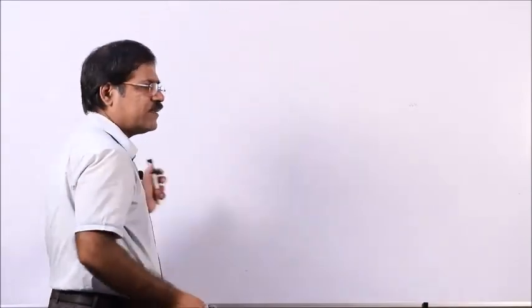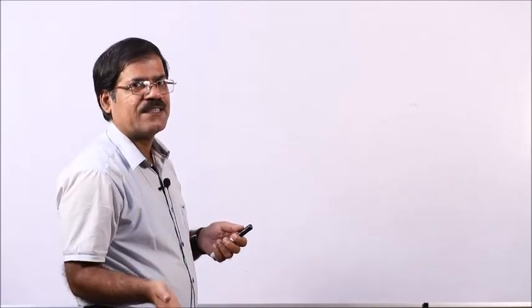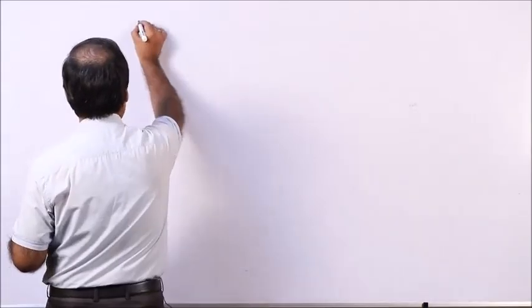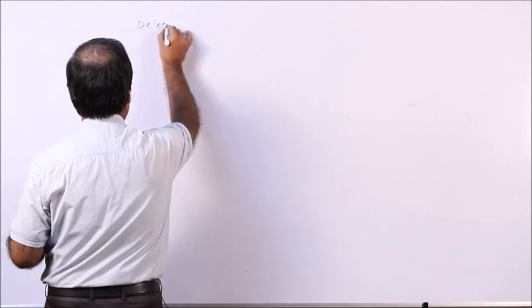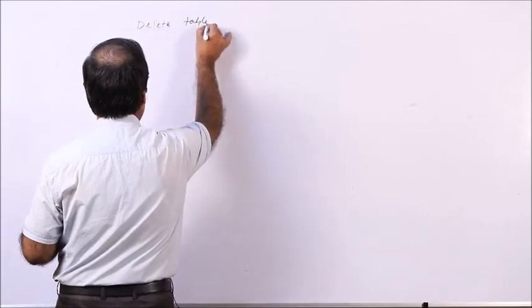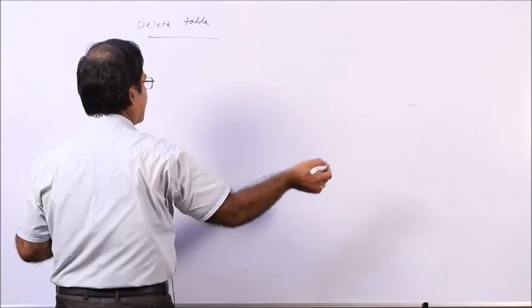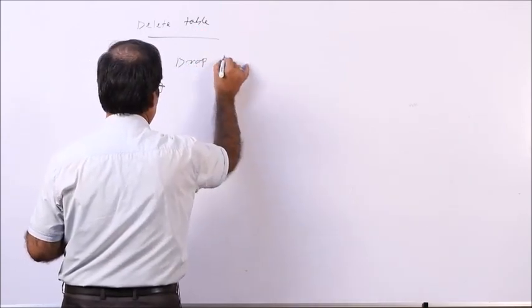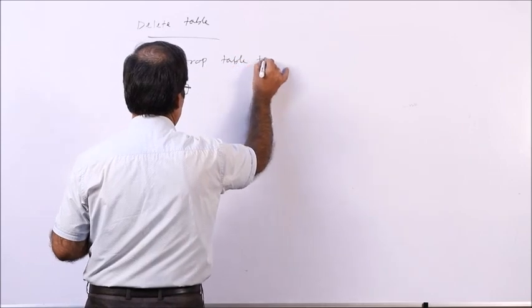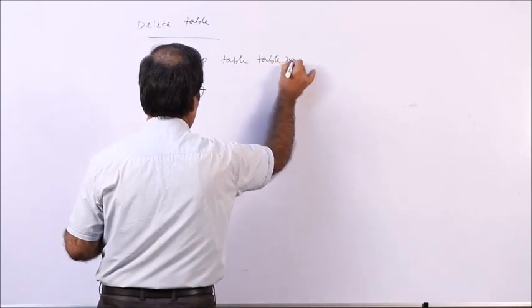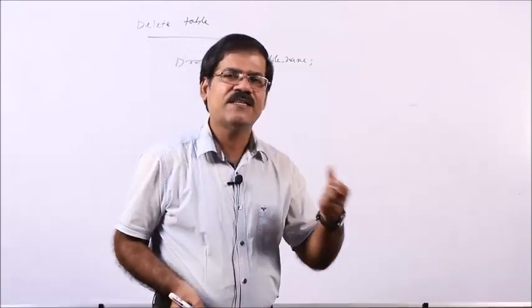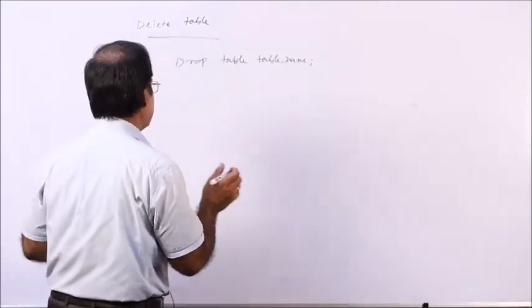Like deleting the database, similarly if you have already created a table, you may want to delete it. So, delete table. Similar to the database, the command is drop table name. That means the table you created, you want to delete from the memory, it will be deleted permanently.